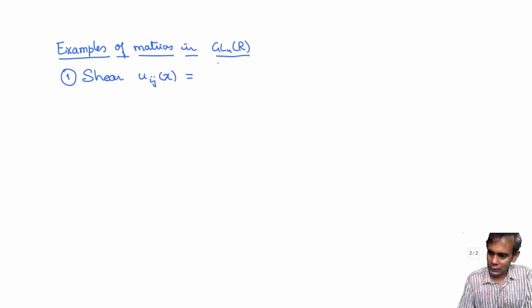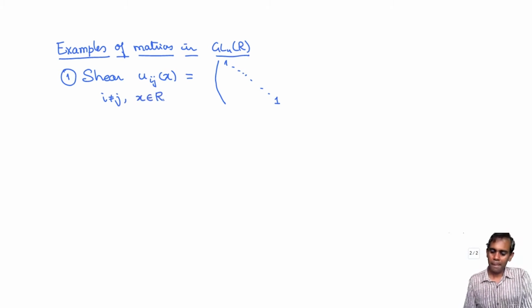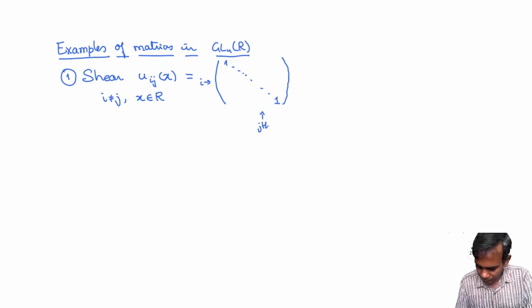This is a matrix which is given by ones all along the diagonal, and here we are assuming that i is not equal to j and x is any element of R. And what you do is you take the ith row and the jth column, and in the ith row and jth column, you put x. So that is the shear U_ij(x).